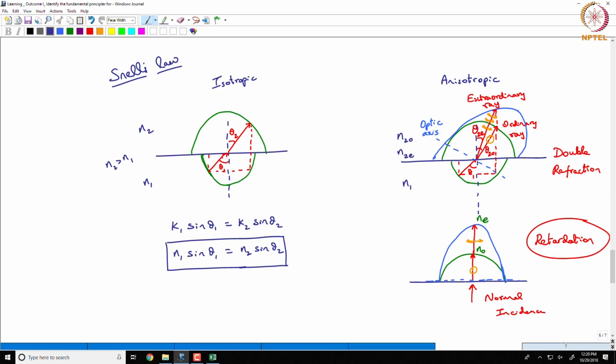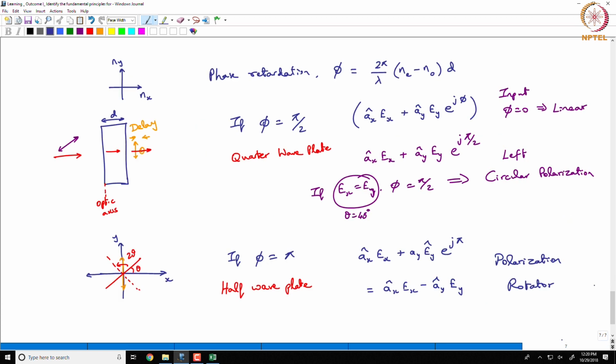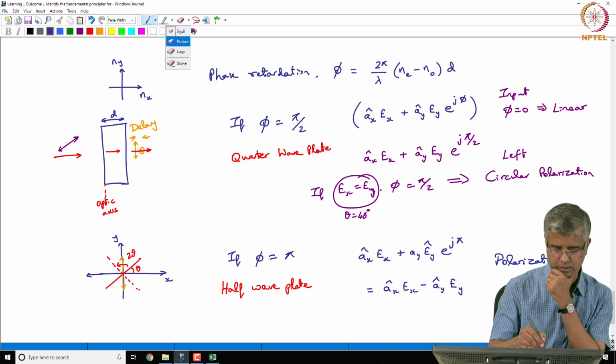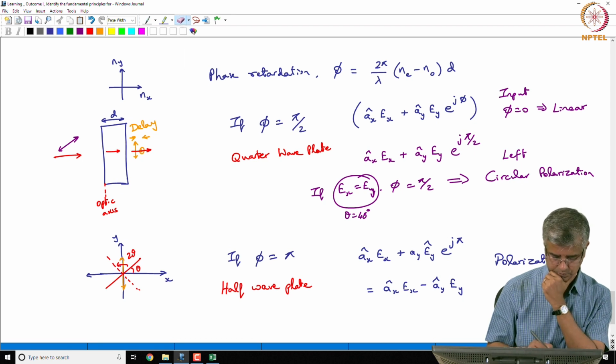And while talking about those, we came up with this specific thing about quarter wave plates and half wave plates, and I made a mistake here which was pointed out by the TA at the end of the last session.